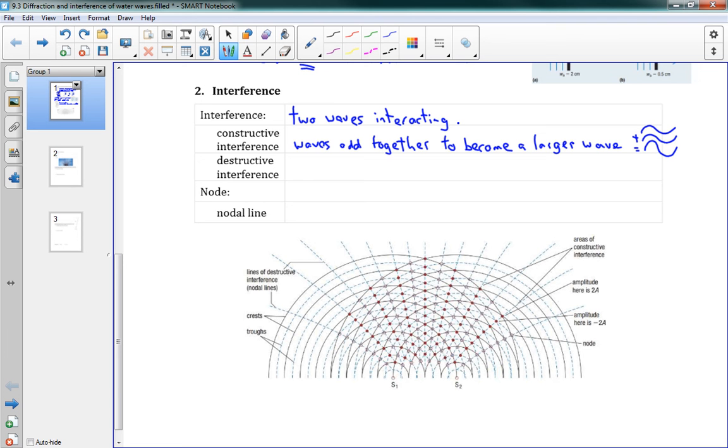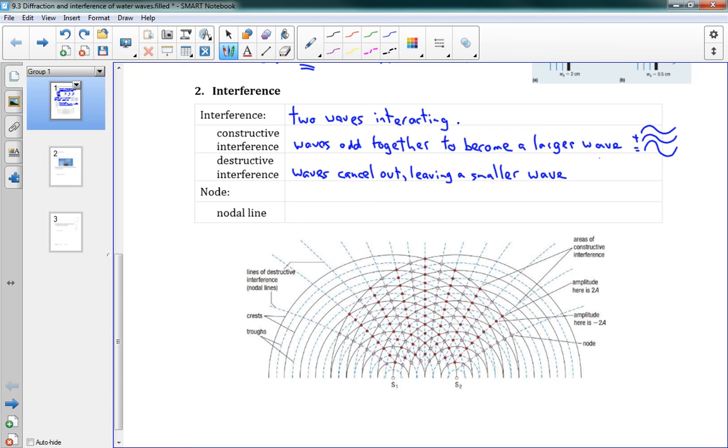Now, for destructive interference, this is where we still add the waves together, but in this case the waves are opposite, so the waves cancel out, leaving a smaller wave. And that could be no wave at all. And so I'll draw another picture up here.